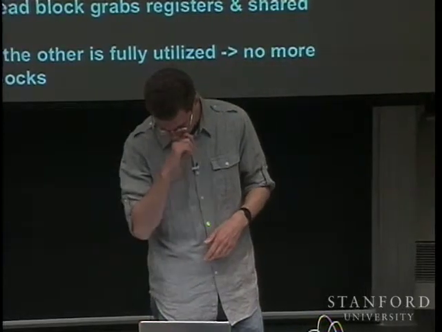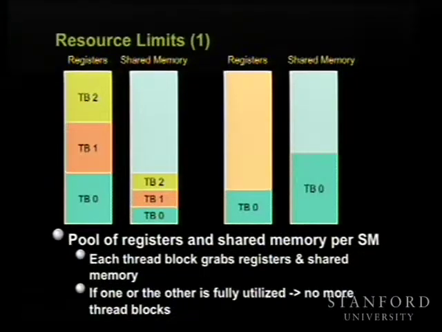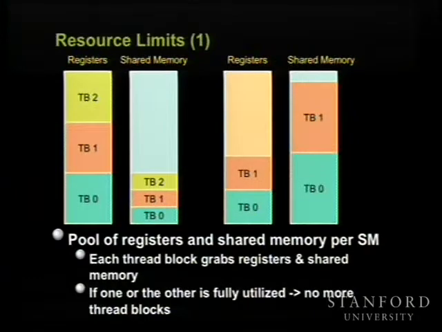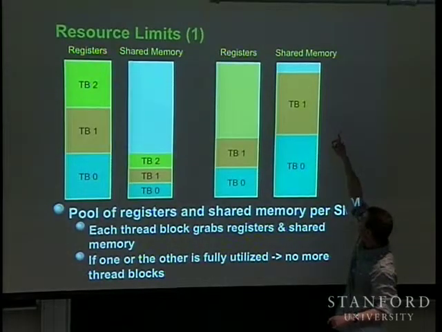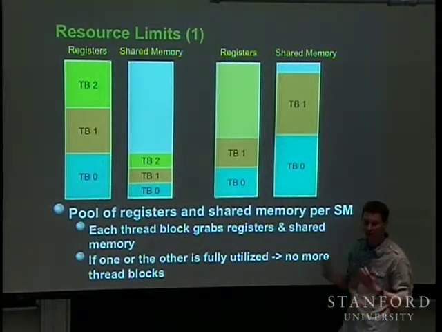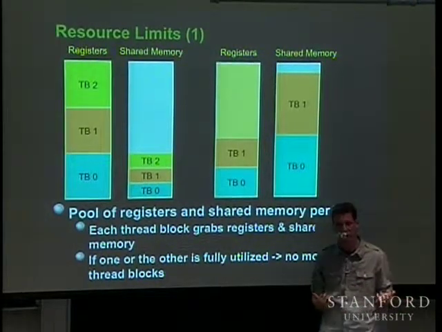But if you have a different kernel, you might need a lot of shared memory for each thread block. In this case, you will max out with a smaller number of active thread blocks and active threads and potentially have lower performance. What you should notice is that you didn't actually fill up shared memory, because you can only allocate a whole thread block.